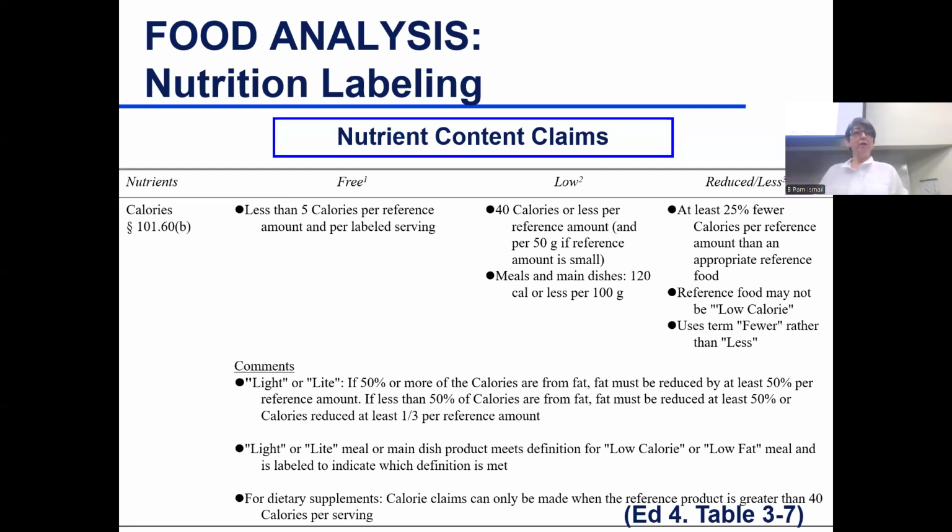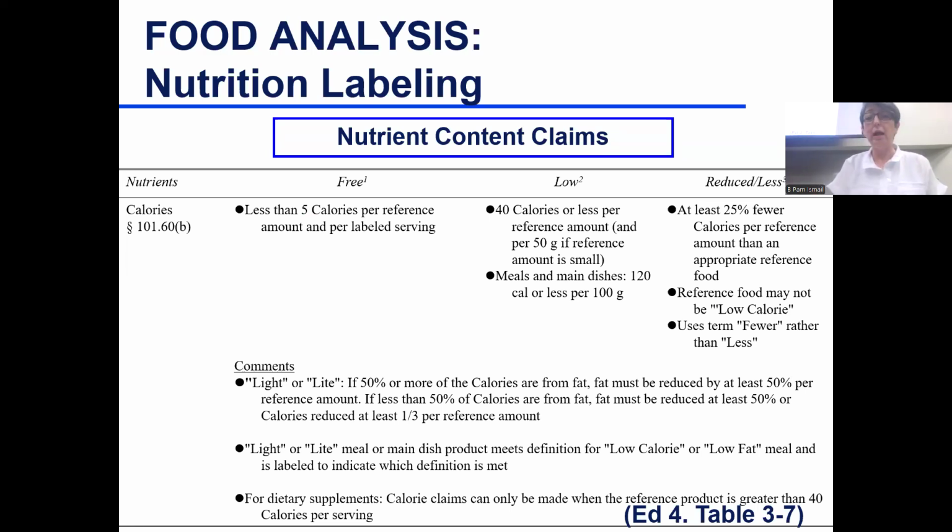But then for every component where you have a free, low, or reduced, the free, we already know, less than 5 calories, for example, for calories. Low, there is a reference. So you go 40 calories or less per reference amount. Okay. Reduced.